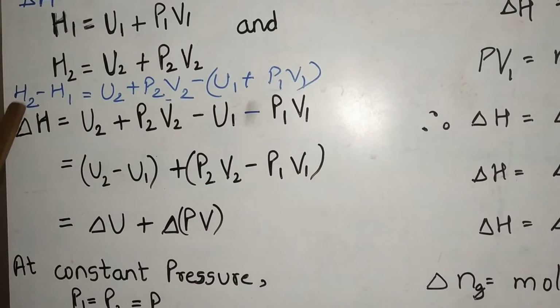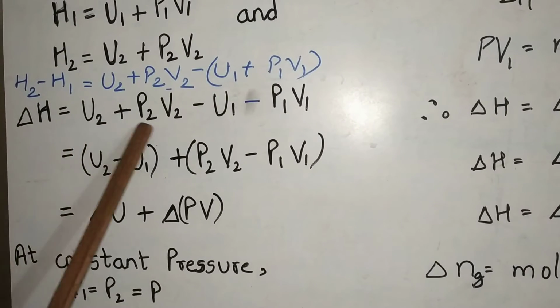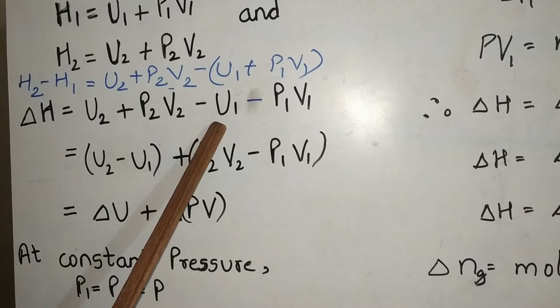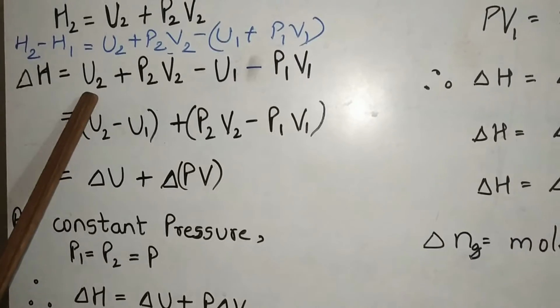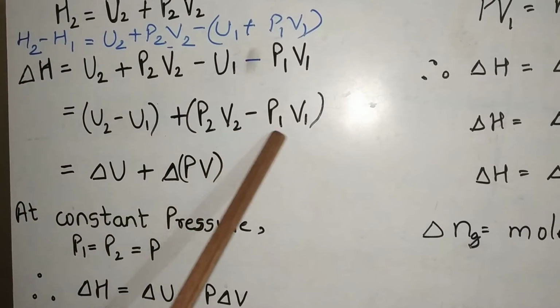So delta H, H2 minus H1 is delta H, which is equal to U2 plus P2 V2 as it is. Open the brackets, you will get minus U1 minus P1 V1. So combine U2 minus U1 plus P2 V2 minus P1 V1.